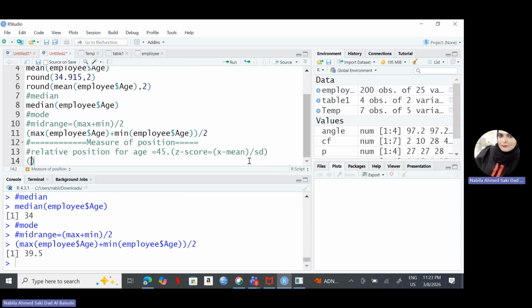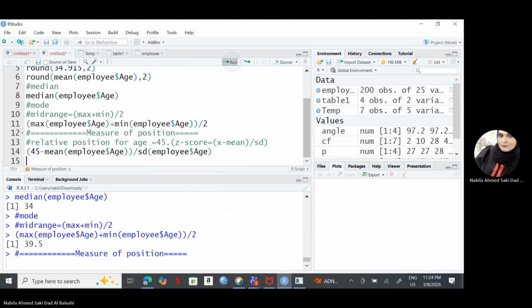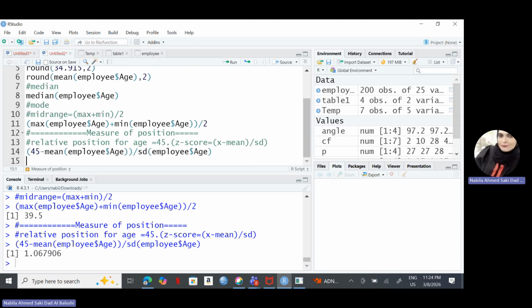Here in this example, the age is given as 45 minus the mean, using the command mean, employee$age, close the bracket of the numerator, divide by SD, employee$age. So this gives you how many standard deviations an age of 45 is away from the mean.